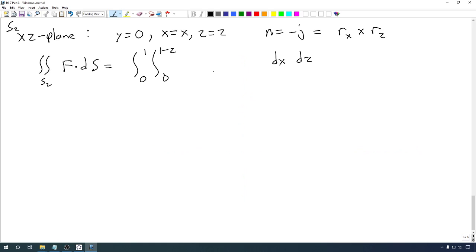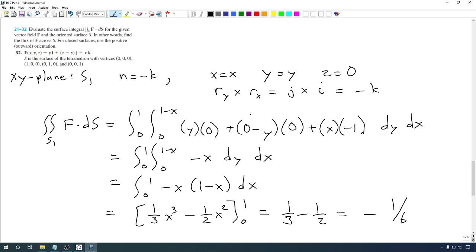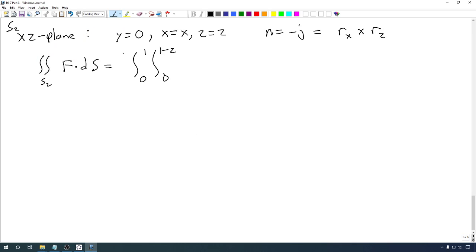And then our integrand here, I need space to actually write it out. It'll simplify similar to the last one, but I do want to write the whole thing. Remember, the first thing we put in here is F. The first component of F is y, but y is equal to 0, so we have a 0 there, times the first component of our normal vector, which is 0, because the i is 0 here.